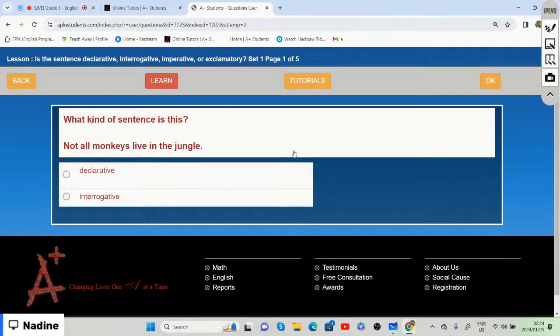So what kind of sentence is this? We need to say if it is a declarative, interrogative, imperative, or an exclamatory sentence.